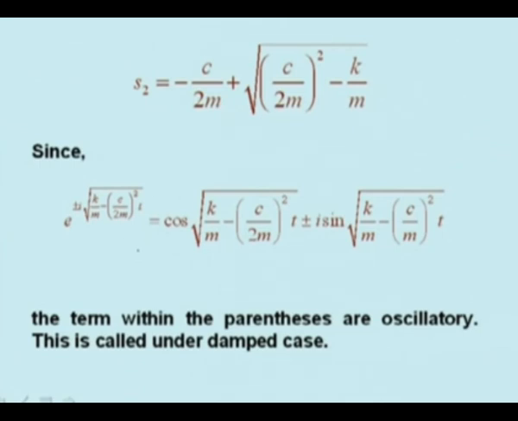This can be written as cos of (under root (k by m minus (c by 2m) square) t) plus minus i sin of the same term, because e to the i theta is equal to cos theta plus i sin theta. You have to use that relation.